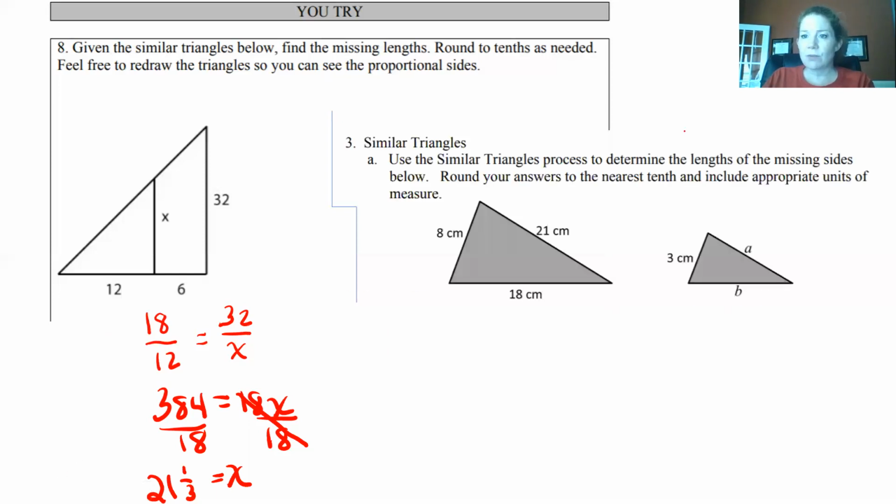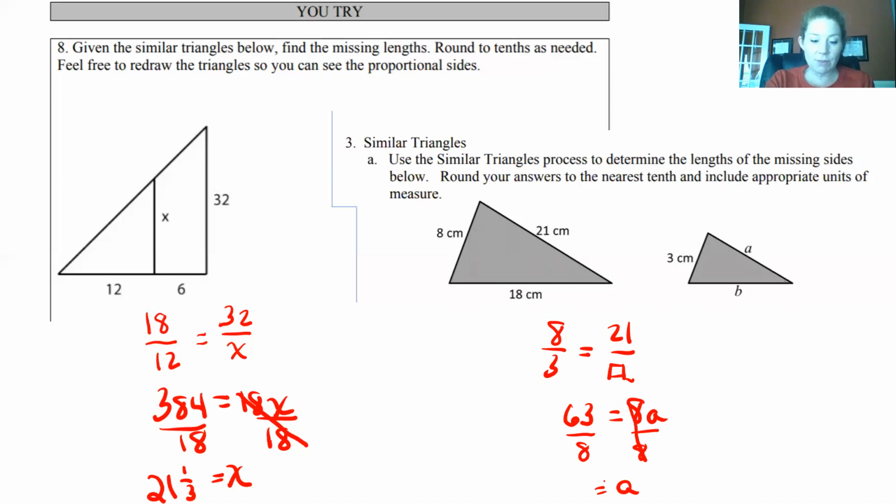Number 3, similar triangles. It says, use the similar triangles process to determine the lengths of the missing sides below. Round your answers to the nearest tenth. So 8 corresponds to 3, and 21 goes with A. If we cross multiply, 3 times 21 is 63, 8 times A is 8A, so we divide both sides by 8.